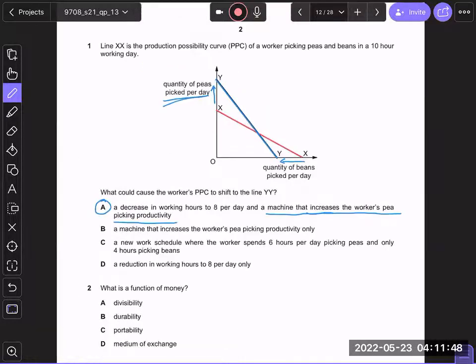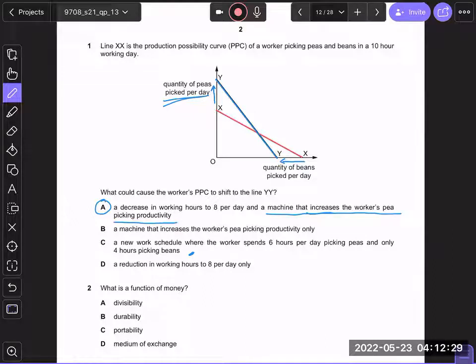Why shouldn't it be C? A new work schedule where workers spend 6 hours per day picking peas and only 4 picking the beans. Why will C not be the answer?